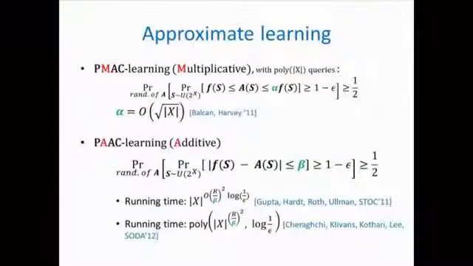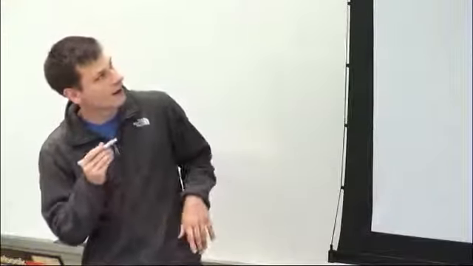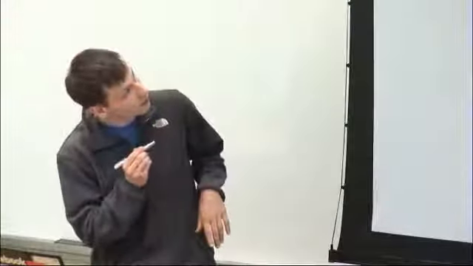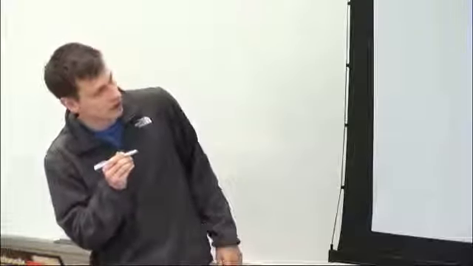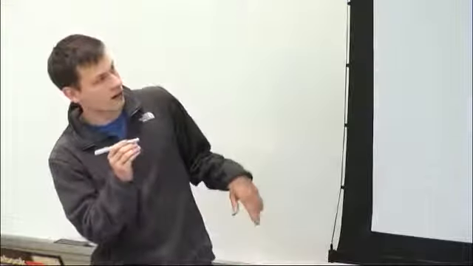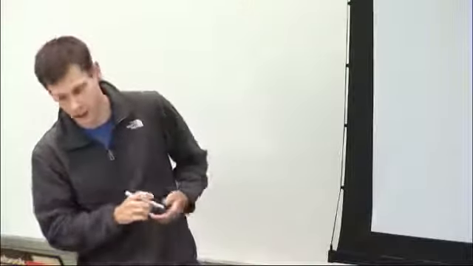So we will use an approximate version of PAC learning. The first approximation type that we consider is multiplicative approximation. So the setting is like this. Again, you have polynomially many in n queries. And you want to have a multiplicative approximation now on a 1 minus epsilon fraction of points.